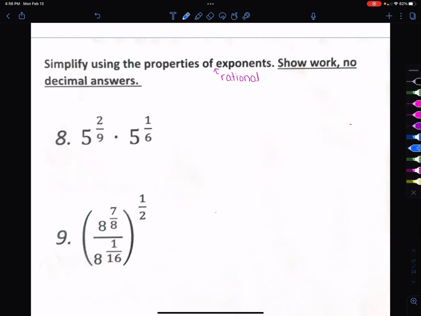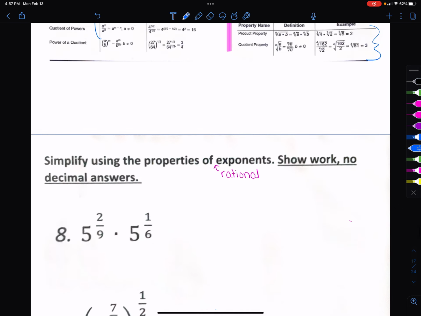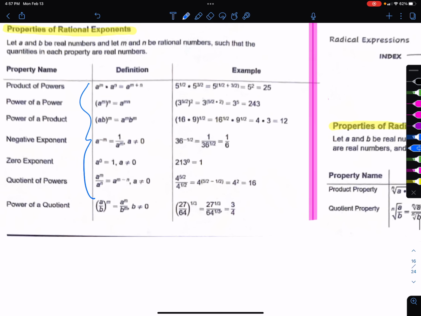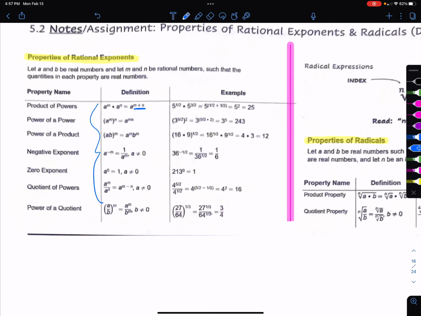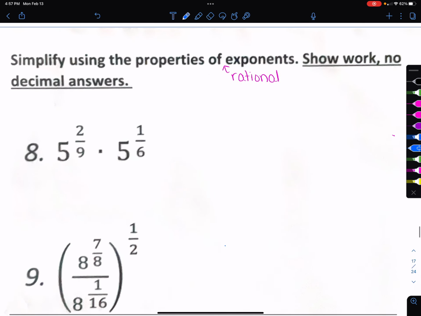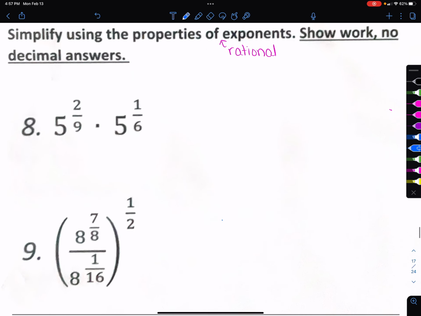All right, so looking at number 8, we are multiplying two bases. They're the same base. So this one here, we are going to use the product of powers. Now, first off, they need to have a common denominator because the product of powers tells me that I'm going to add the exponents. So if I'm going to add those, I need to make sure they have a common denominator.